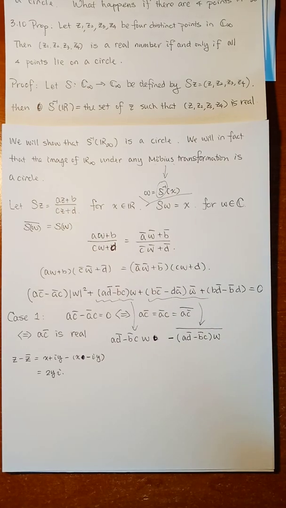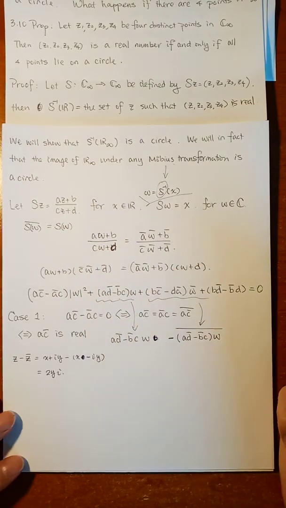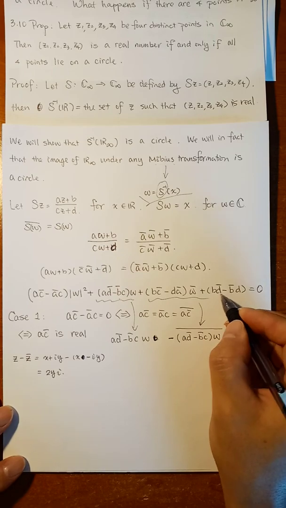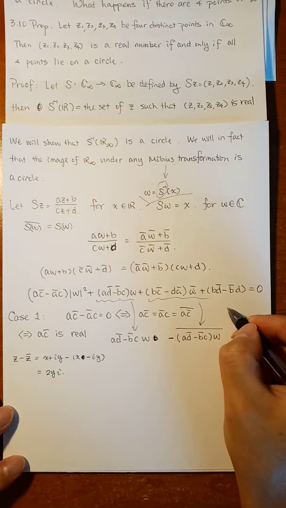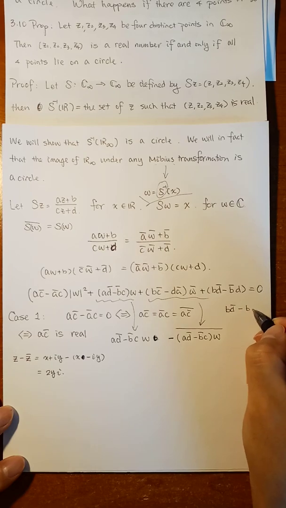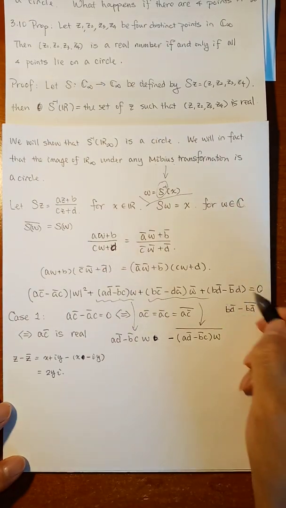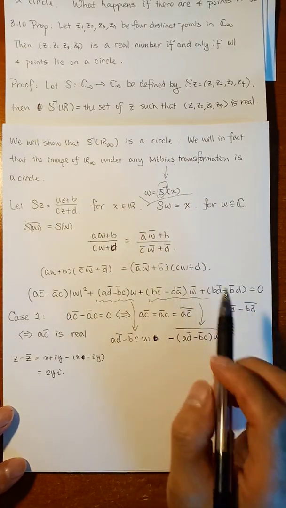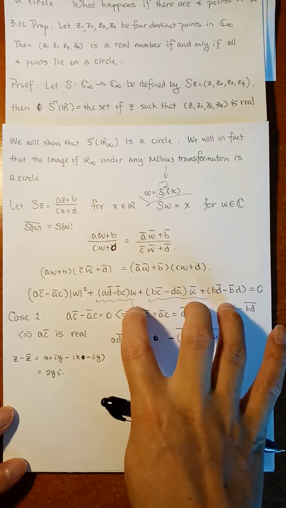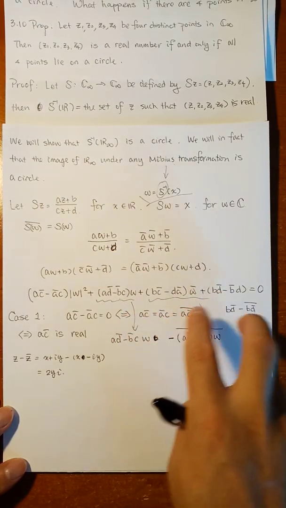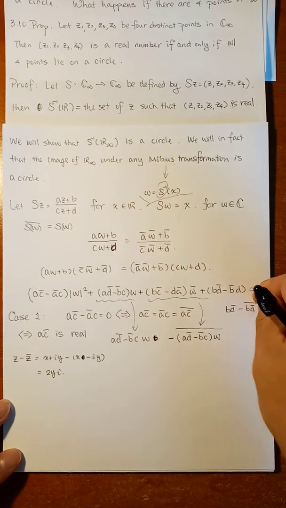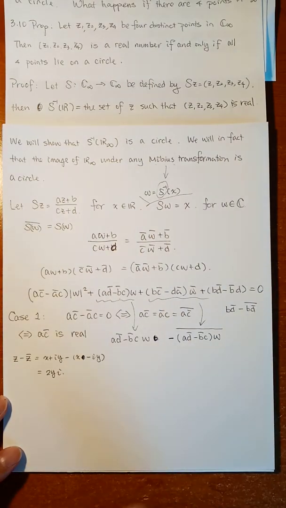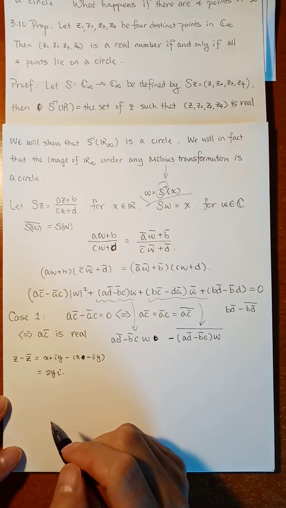This one is the same thing: BD bar minus B bar D conjugate is also a pure imaginary number. So actually the last three terms will give us a pure imaginary number. It is equal to 0. It means the coefficient is 0. The imaginary part is 0.